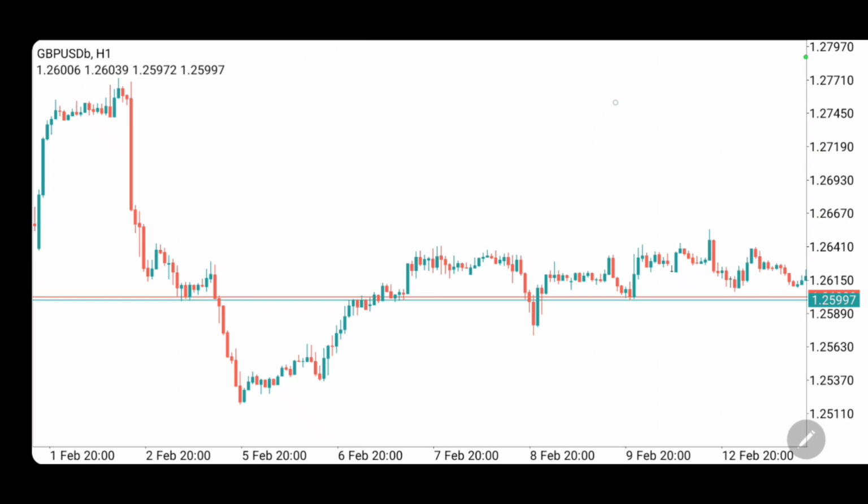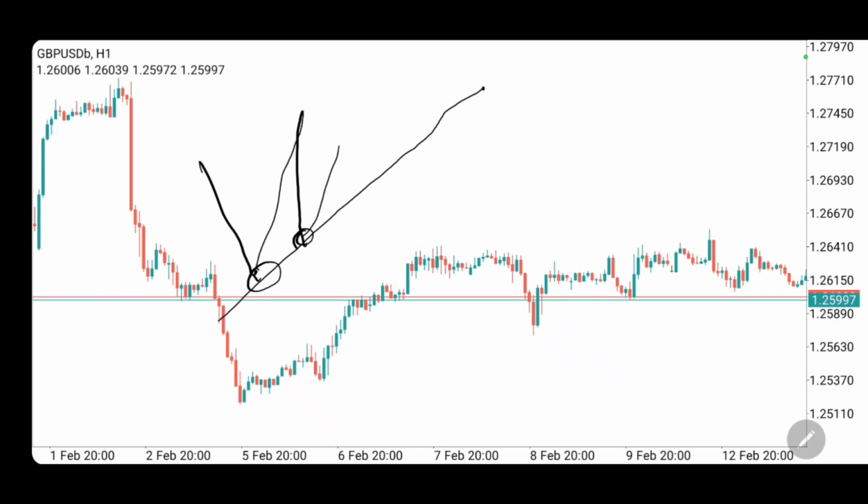For a buy scenario, you have a situation like this, whereby you have a trend line being respected. First touch of the trend line, second touch of the trend line, and in fact third touch of the trend line. And sometimes the trader will now want to trade this. This is a trend line, this is a liquidity pool.